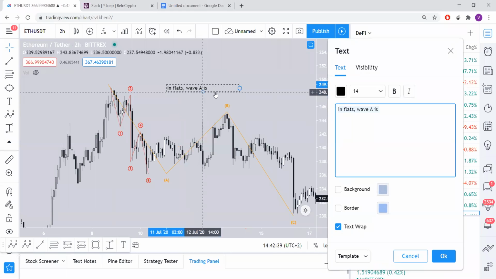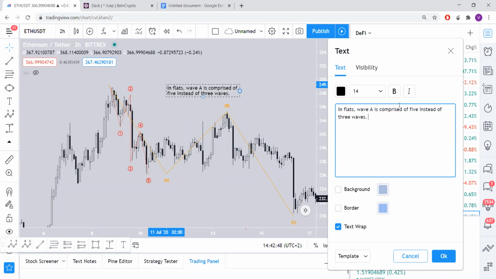Okay, so wave A is comprised of 5 instead of 3 waves. 5 waves.